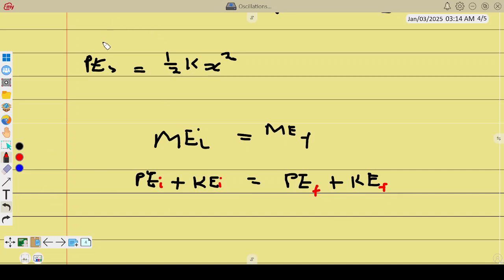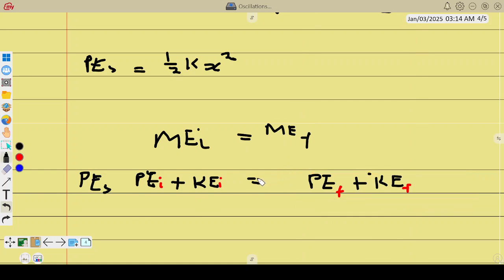Now we introduced this whereby we are dealing with springs. So when we add everything together, the initial gravitational potential energy and then the elastic potential energy are equal to their finals. I don't have space here.